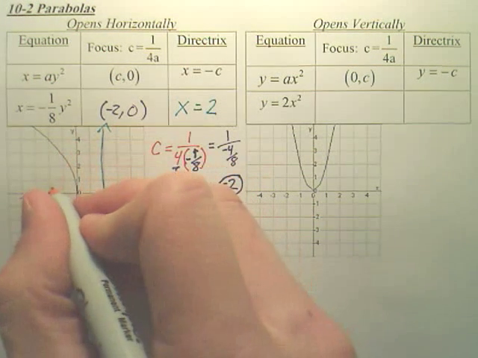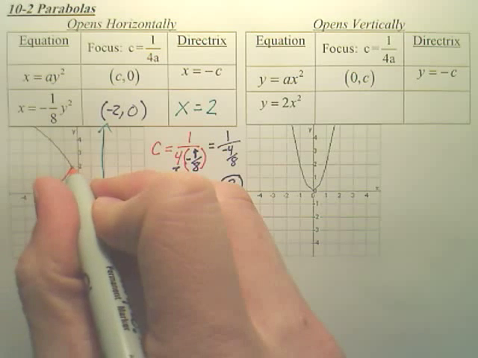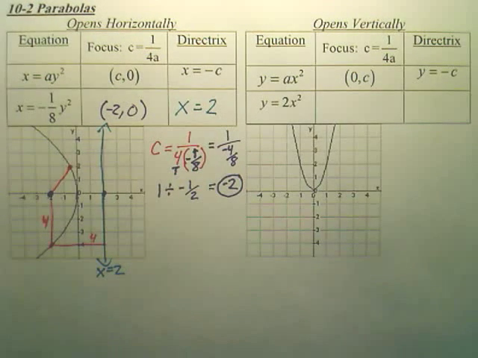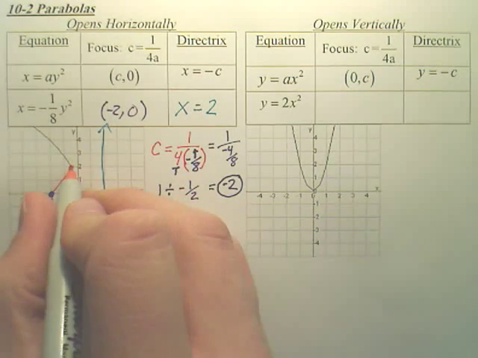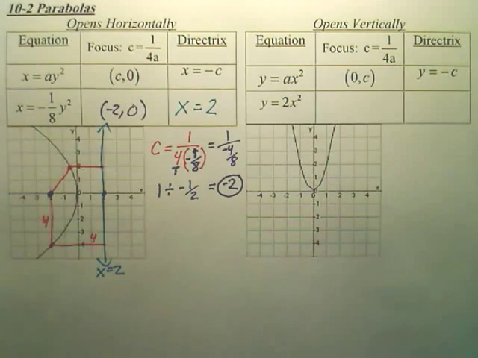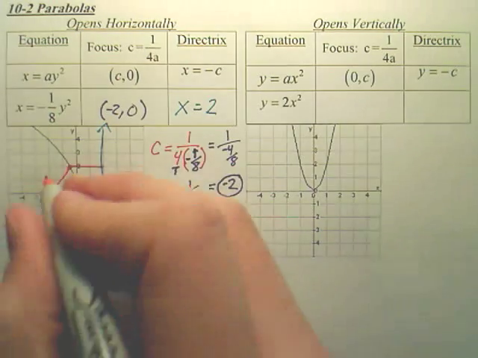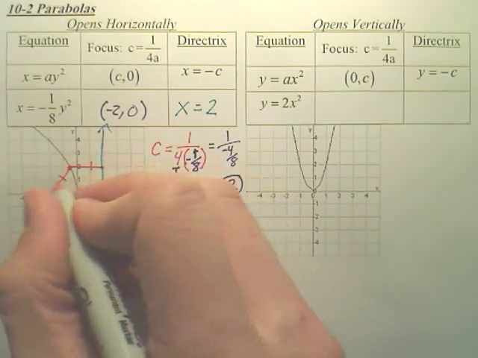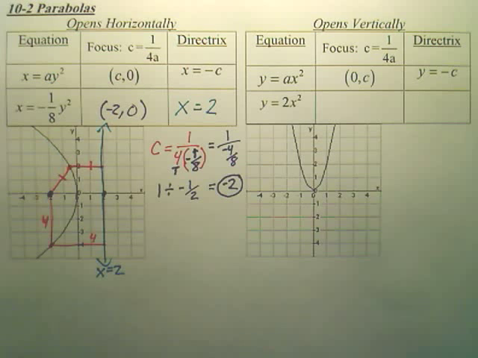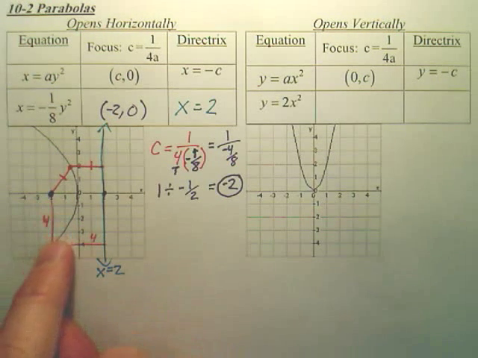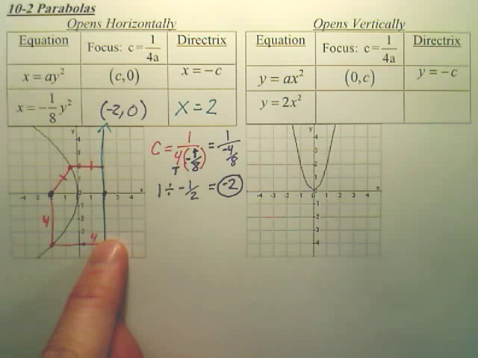If I was to go, say, from here to right there, I found a point. I just went straight to the graph, and I went from that point straight to this line. What do you notice about those lengths? They are the same. I'm going to use a geometric term of just dashes. So what's interesting about the directrix is that the length from your focus to the graph, and from the graph straight to the directrix, is always the same.